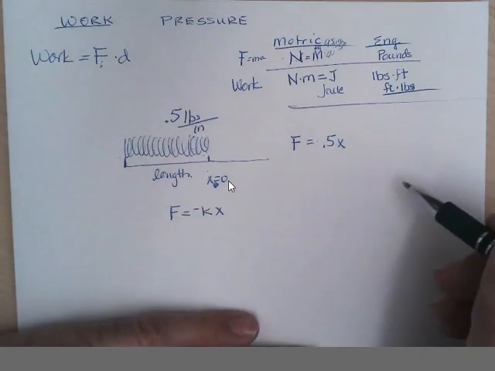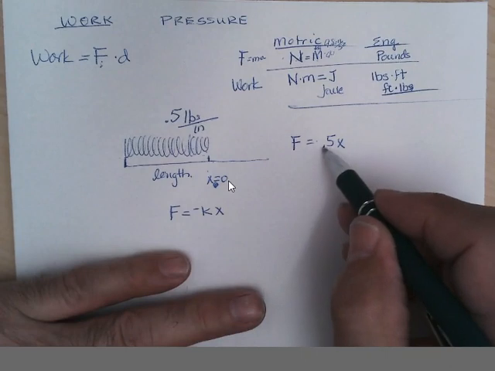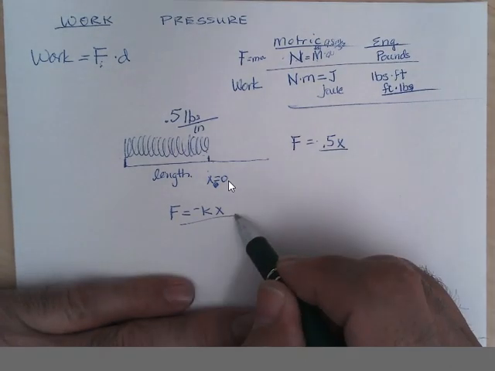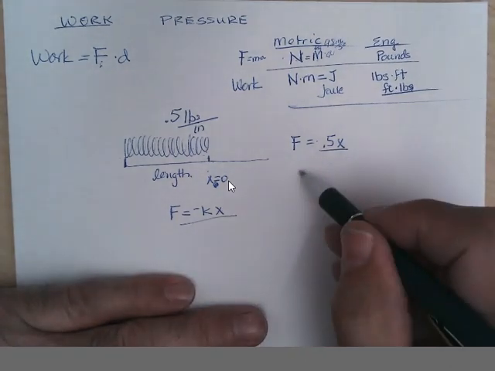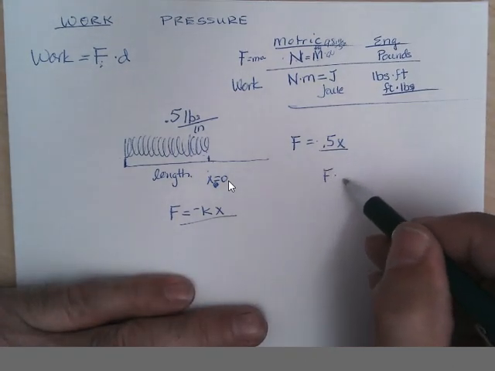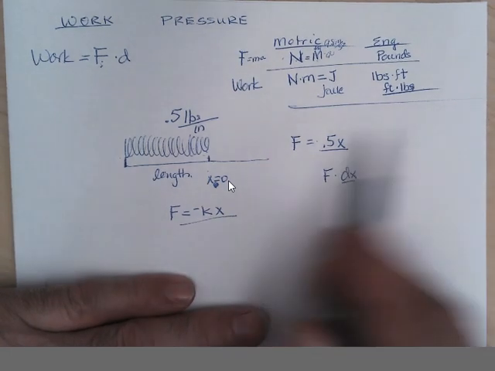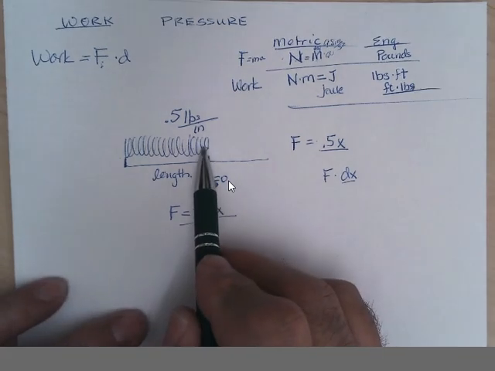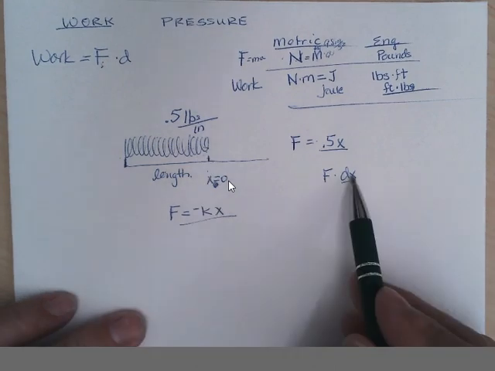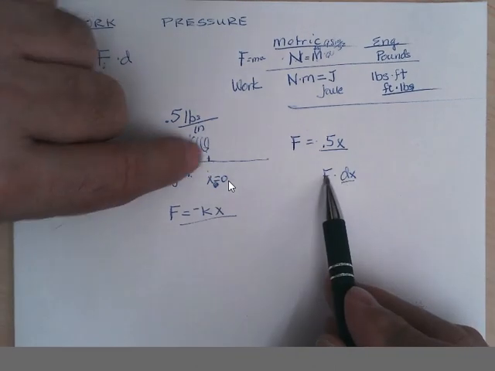The force is this, according to the equation, and we have to take force times distance, and we're going to use the distance in little chunks. We're going to push it a little bit, and I call that a distance, and that's going to be at some force.